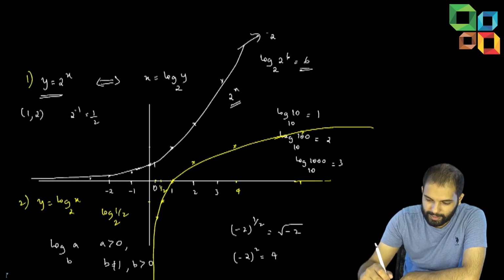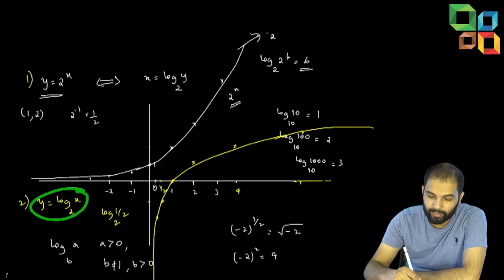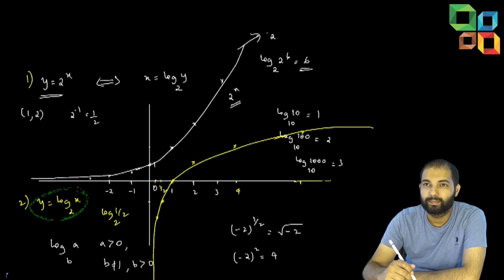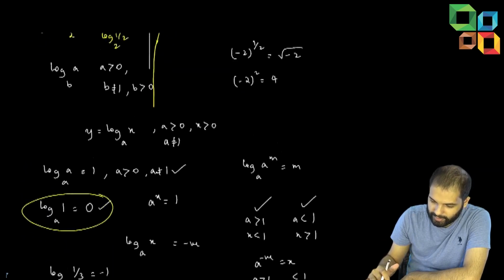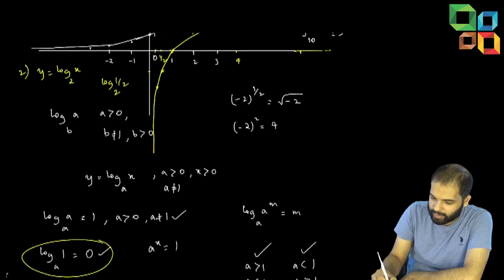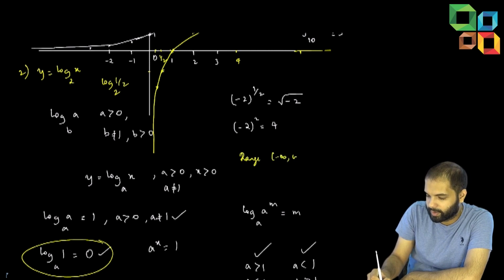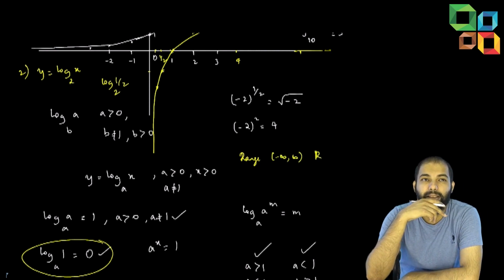Okay. So what is the range of this graph? Range. So the range in the graph we have established is from minus infinity to infinity, or in other words, the set of real numbers.